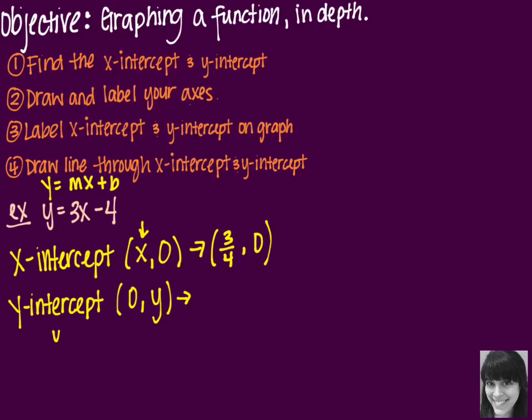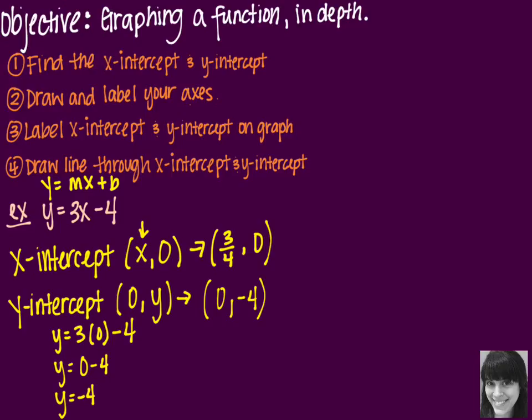So we have y equals 3 times 0 minus 4. Okay, now we're just going to evaluate. So 3 times 0 is 0. And then y equals 0 minus 4 is just negative 4. Okay, so the y-intercept is 0, negative 4.